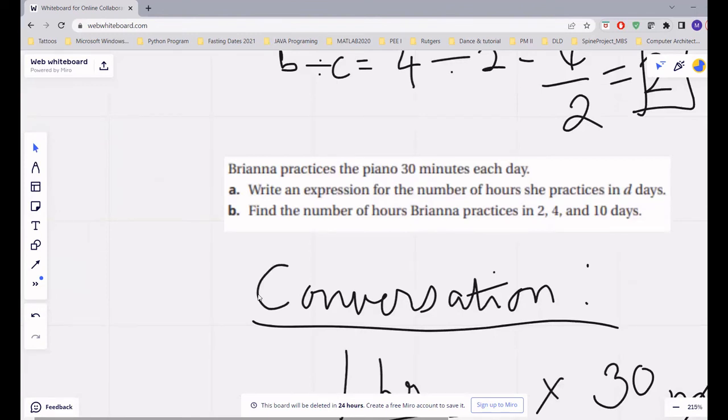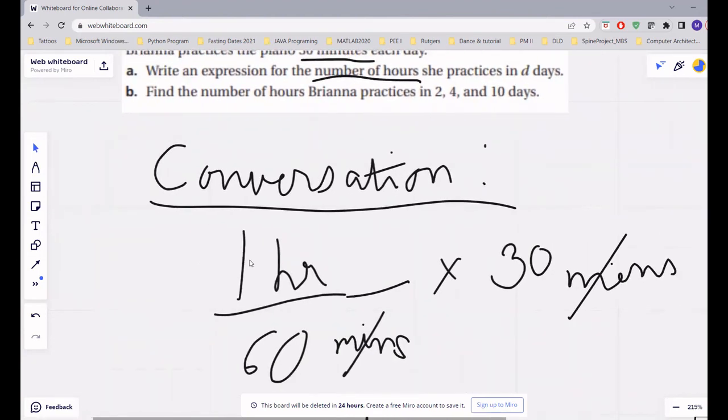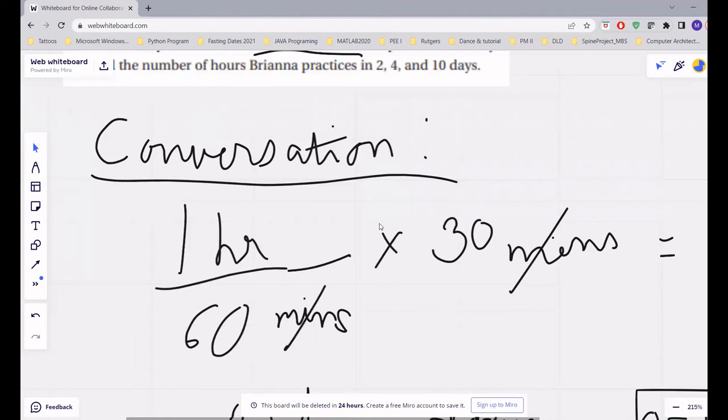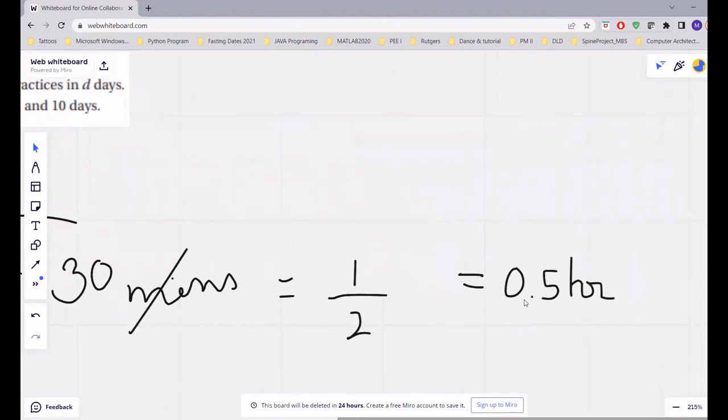So question A, write an expression for the number of hours she practices in D days. Well, you see, there is something missing here. It's asking in hours, but we are given minutes. So first, let's convert the unit so we match the unit. As we know, 1 hour is 60 minutes, so 30 minutes is half an hour or 0.5.